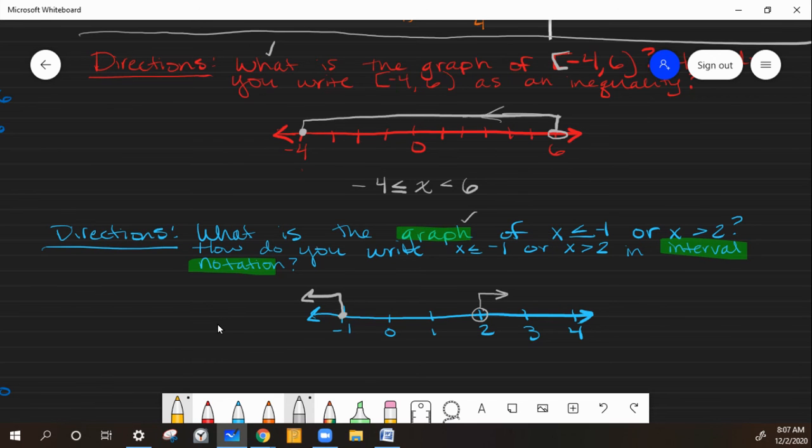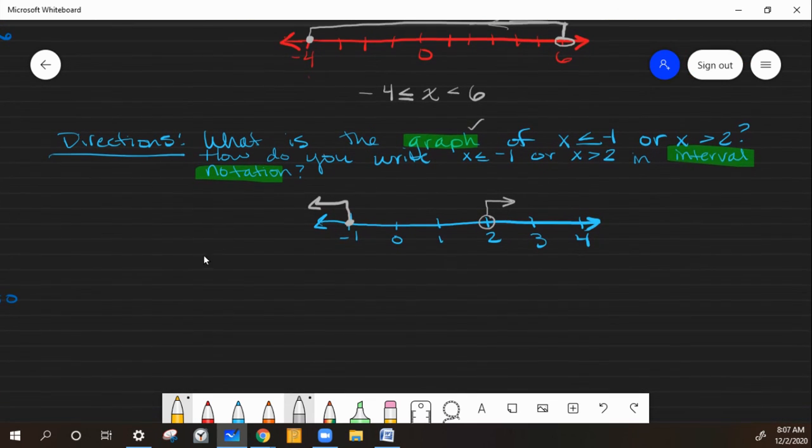As far as interval notation, this one's a little bit tricky. It is an or situation, which we saw right here with the word or. And remember, I start from left to right. This is probably the biggest mistake I see with my algebra students every year, that they don't always write their interval notation left to right. Order matters greatly with interval notation. Your order must read left to right.